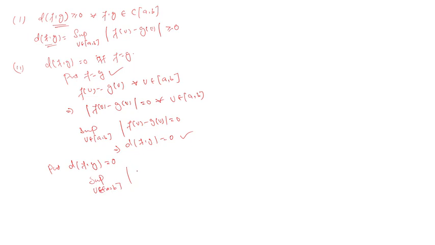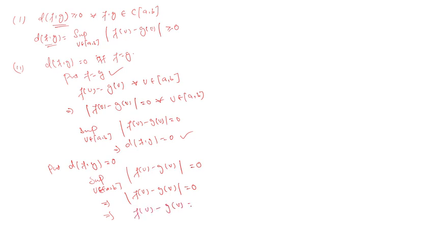Mod of f of u minus g of u is equal to 0. Now the supremum of this quantity is equal to 0. It means the quantity here is equal to 0, means modulus of f of u minus g of u is equal to 0, and mod of this thing is equal to 0 means the quantity inside the mod is equal to 0 actually.